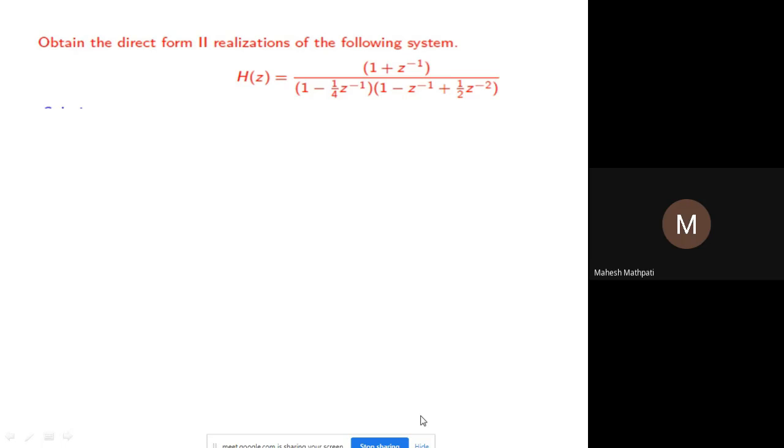Here also we'll do direct form 1 and direct form 2 realization. Can you do it by yourself?